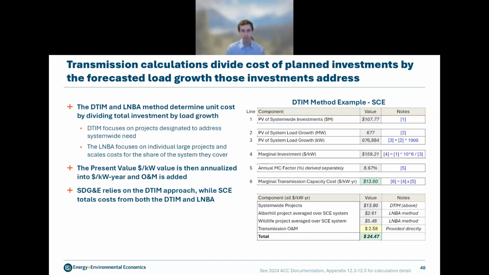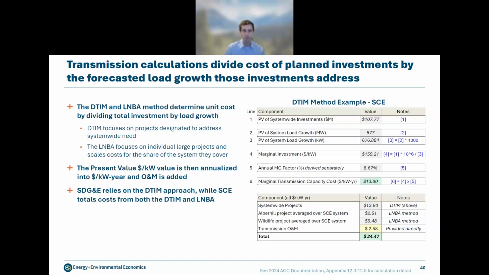As such, the costs for those individual projects are scaled for the portion of the system load that they're actually addressing. Under both methods, you annualize the values to go from a present value dollar per kilowatt number to a dollar per kilowatt-year value, and add in additional cost factors such as admin and general expenses, and then O&M.